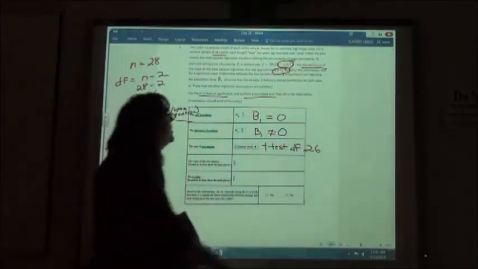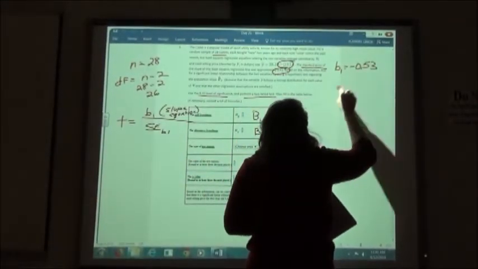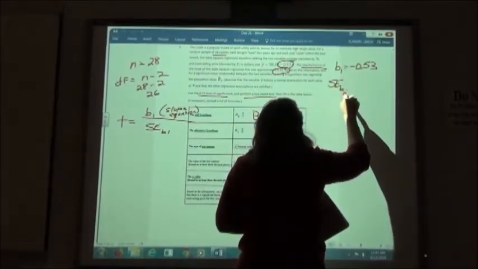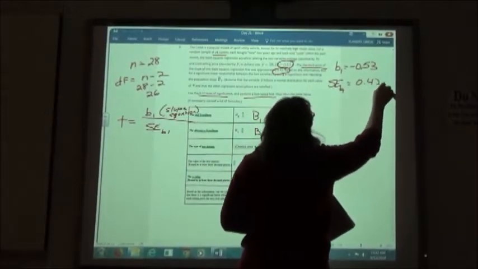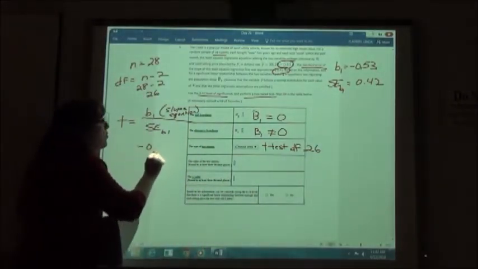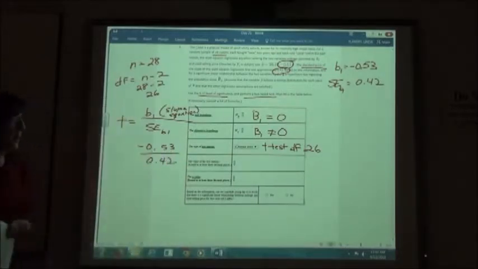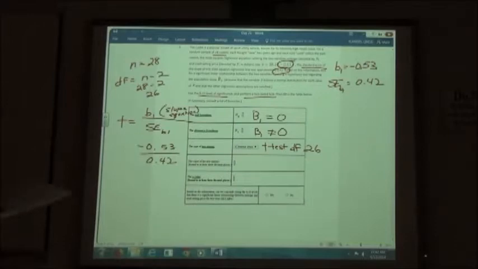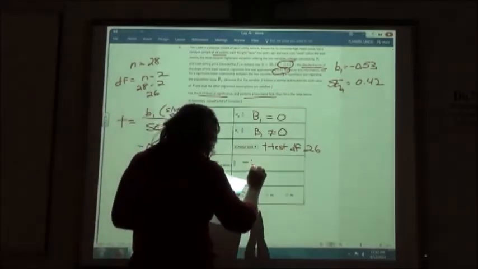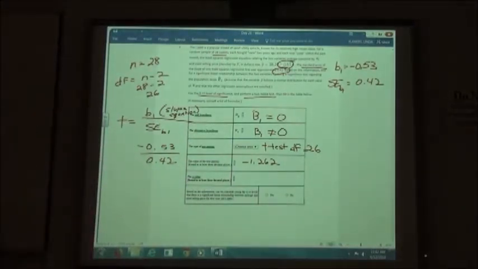So in this case, my b sub 1 value is going to be negative 0.53. My SE b sub 1 value is going to be 0.42. And so in order to find t, we're going to divide those numbers. Negative 0.53 divided by 0.42. If you go ahead and do that calculation, you will come up with negative 1.262, rounding that to 3 decimal places.